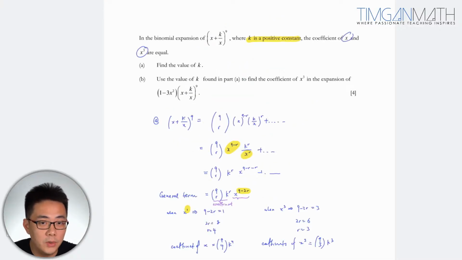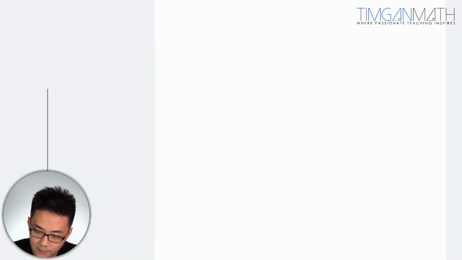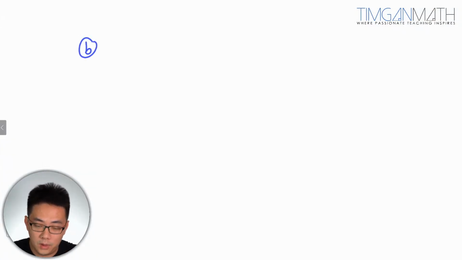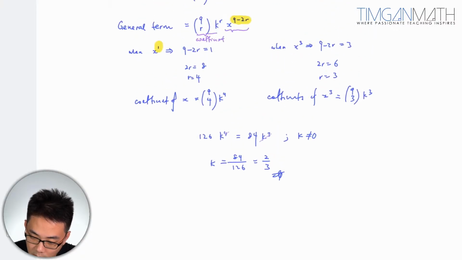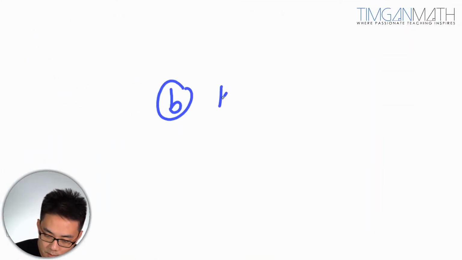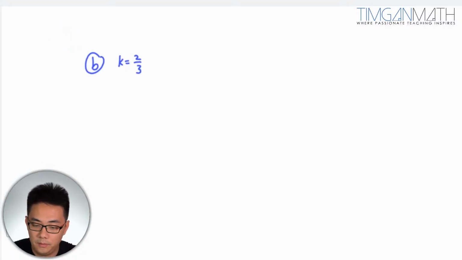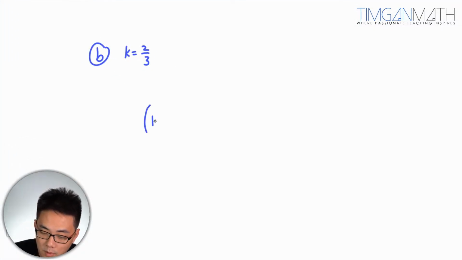Let's look at the subsequent part. Use the value of k found in part A to find the coefficient of x cubed in the expansion of this. Okay, great. So for part B, we know that k is 2/3, and we want to find this expansion here: 1 minus 3x squared times x plus k, which is 2/3, to the power 9.